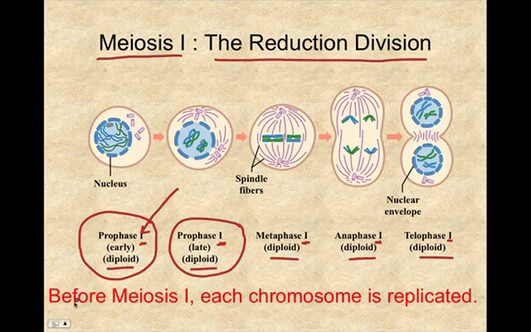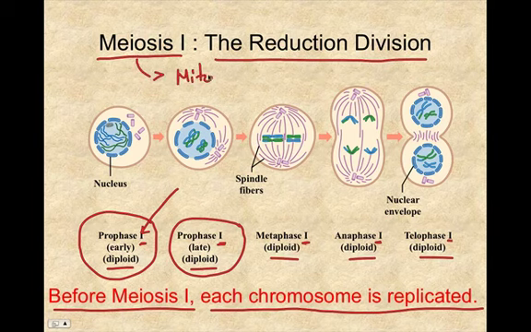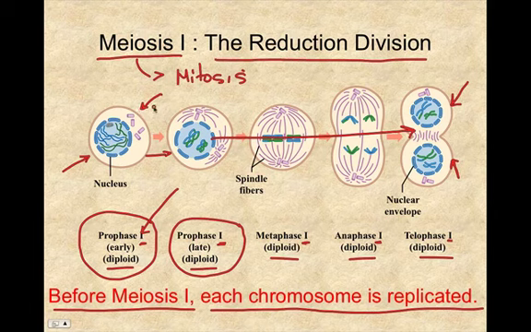Because here's the key. Before meiosis 1, each chromosome is replicated. So meiosis 1 is similar to mitosis, where we start with our original number of chromosomes, they copy each other, and if we go all the way down to telophase, we have 2 cells that have the same number of chromosomes as our original parent.